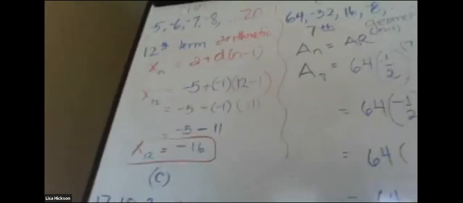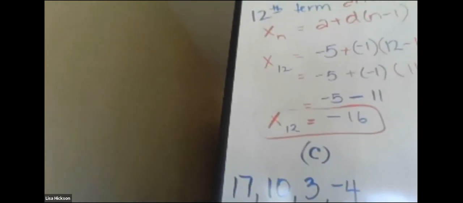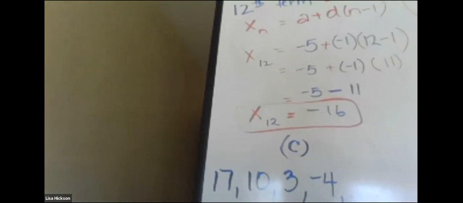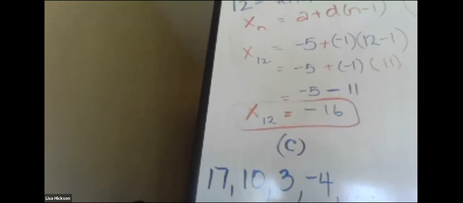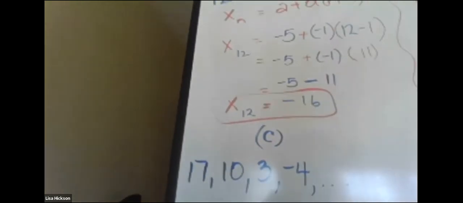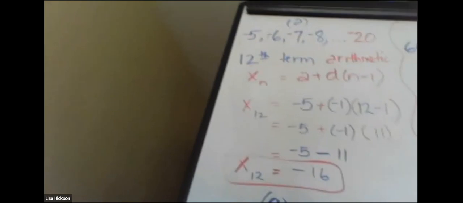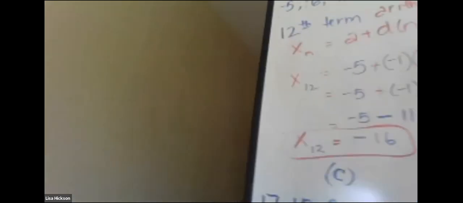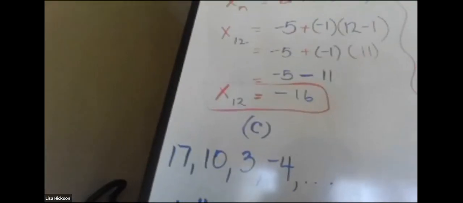Now, let's do it longhand. We started with 64. We went negative 32. We went positive 16. We went negative 8, right? And we need the 7th term. So 1, 2, 3, 4, 5, 6, 7. We've been going by half, right? So what's half of 8? 4. What's half of 4? 2.